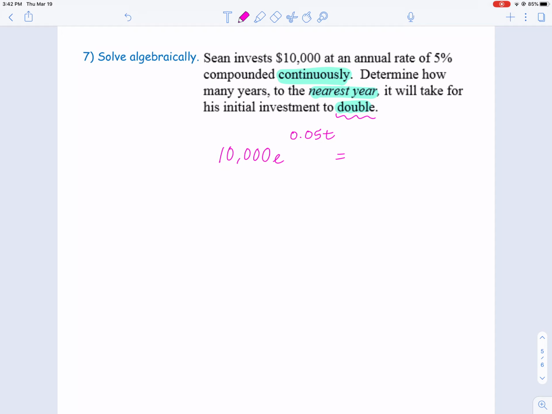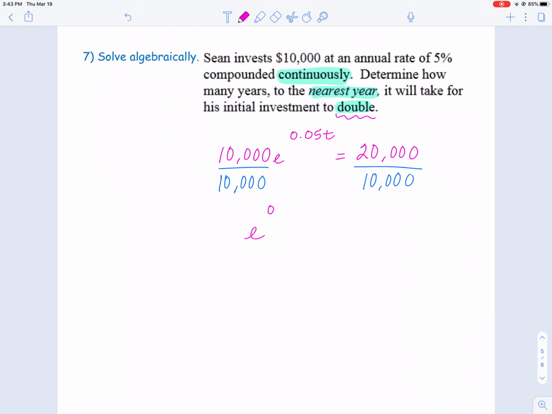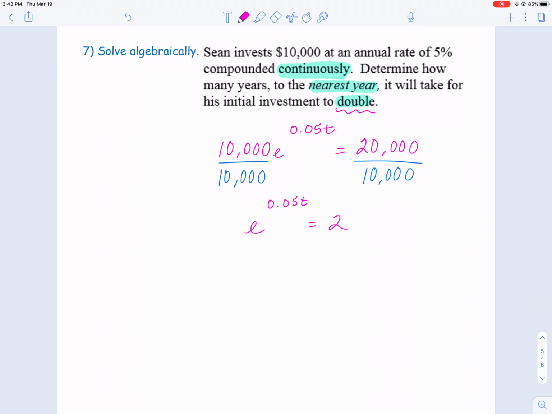Well, if we initially put in 10,000, our double would be $20,000. And once again, we want to divide out that coefficient of $10,000. So now our equation is going to leave us with e to the 0.05t equals 2. And again, rewrite it with your natural log. The natural log of 2, we don't need the base e, is equal to our exponent, 0.05t.